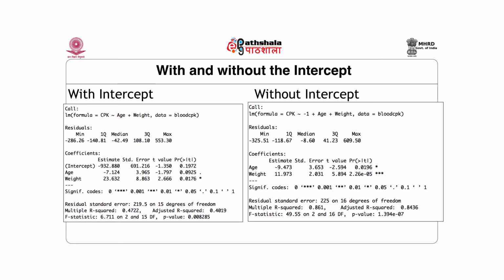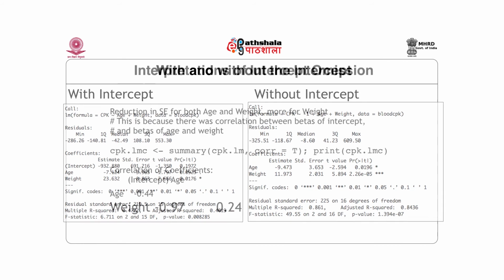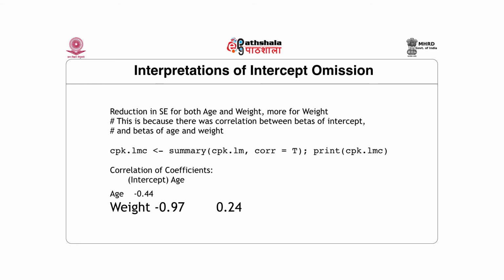It has come down from 8.86 to something like 2.03. That's a huge drop, almost a 75% drop in the standard error. You would like to question what this means. What we get to see is that there is a reduction in the standard error for both age and weight, but it's much more substantial for the weight variable than for the age variable.